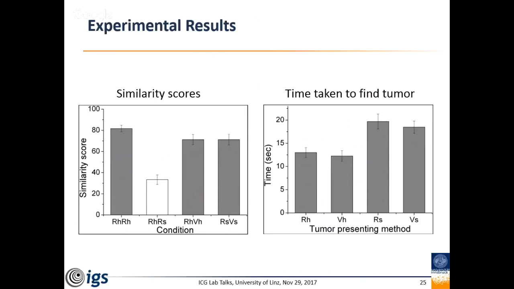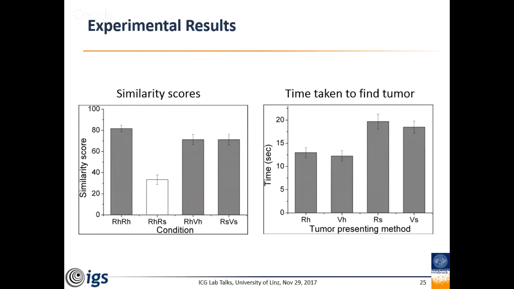The real harder versus the real softer is clearly different, so this drops down to 35, more or less. While here, these are the cases where we compare the real to the augmented case, so the real to the virtual. It drops down from the 80, but it's not that they're clearly different. For example, a one way ANOVA shows that these are considered the same groups.